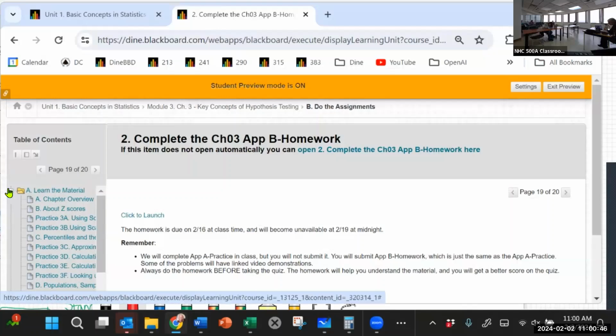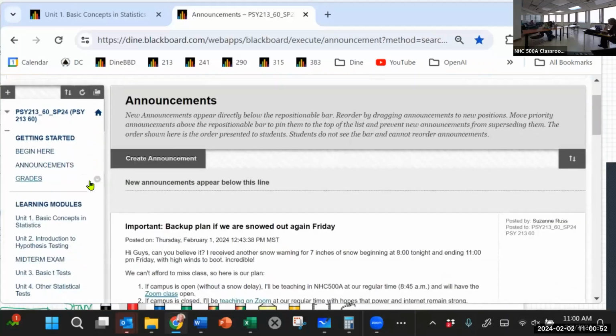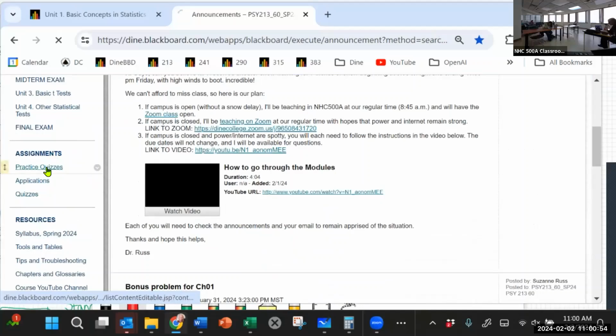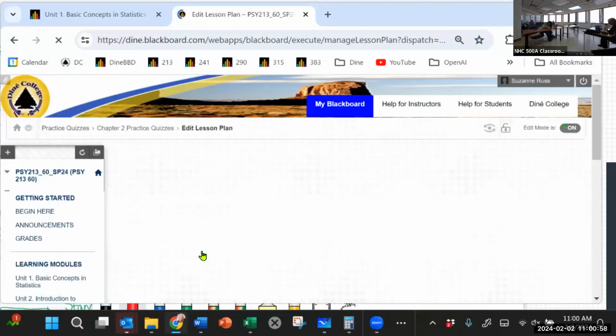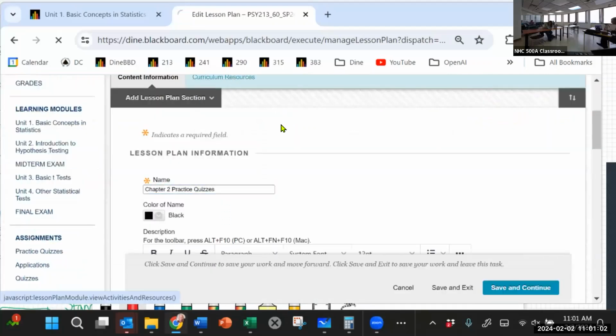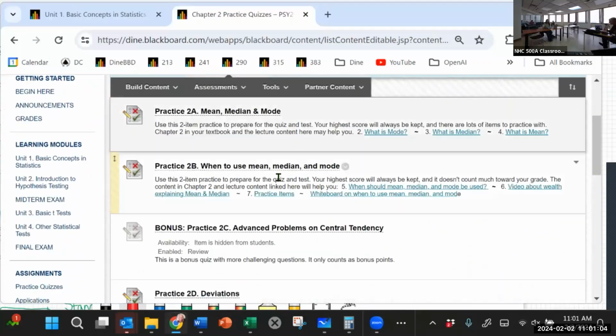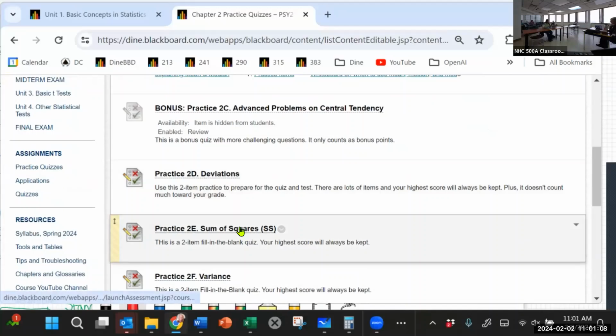So we're going to be exiting the preview here and going into the practice quizzes for chapter 2, where we're at right now. Let's just do a first one together real quick, because I can't remember quite how I presented these to you. We did deviations. Oh, sum of squares we need to do first, okay?